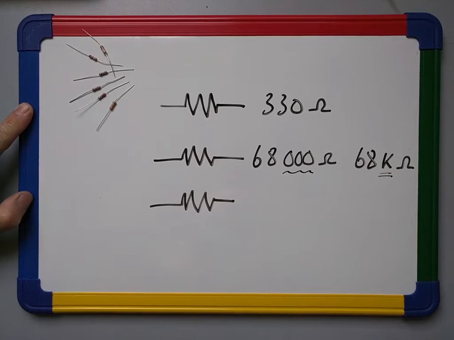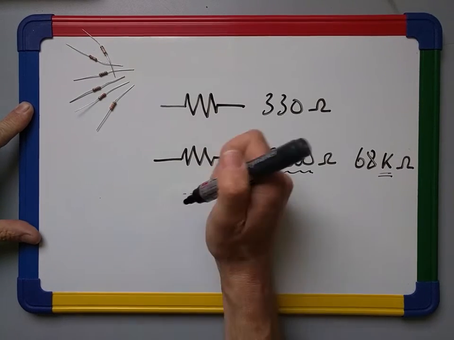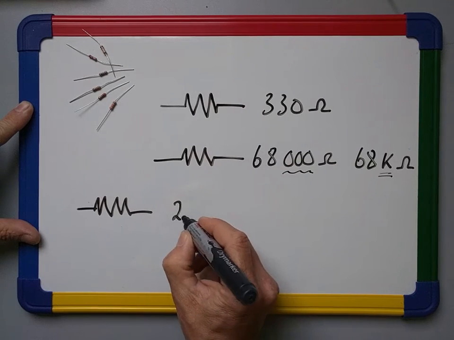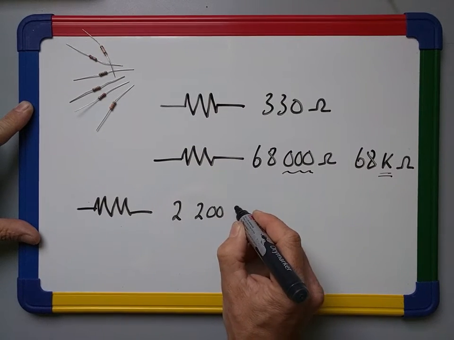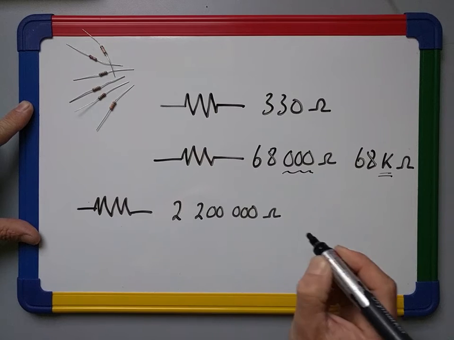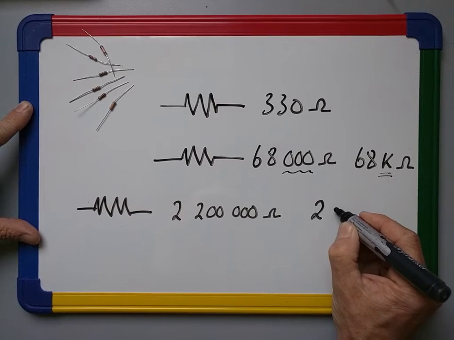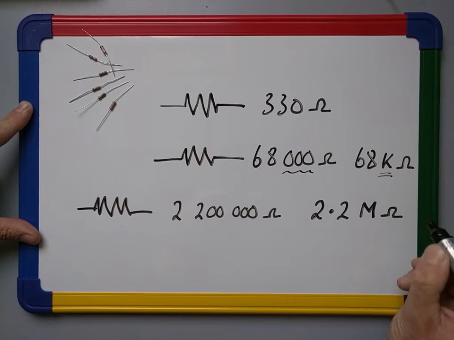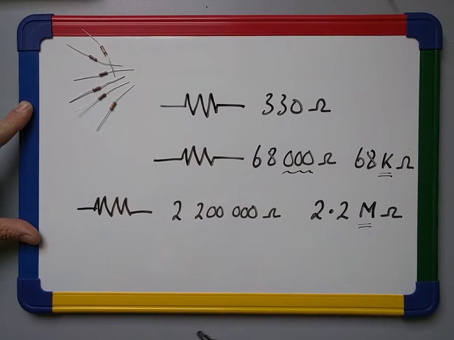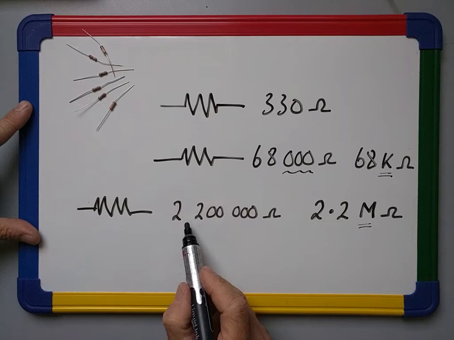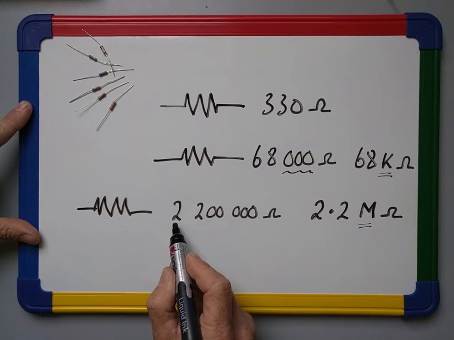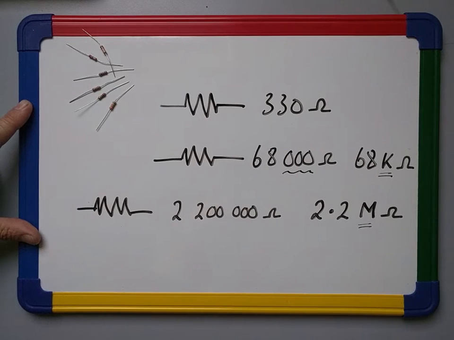Kilo meaning times 1,000. It's possible that we could have much bigger resistors again. So if we had a 2,200,000 ohm resistor, that would be written as 2.2 mega ohms, and here the M, mega, means million, so it's really 2.2 multiplied by a million, which gives you your 2,200,000.